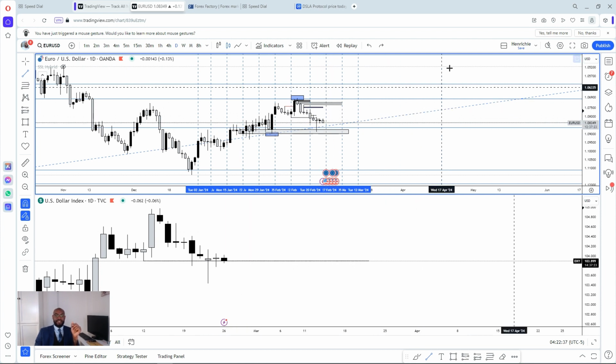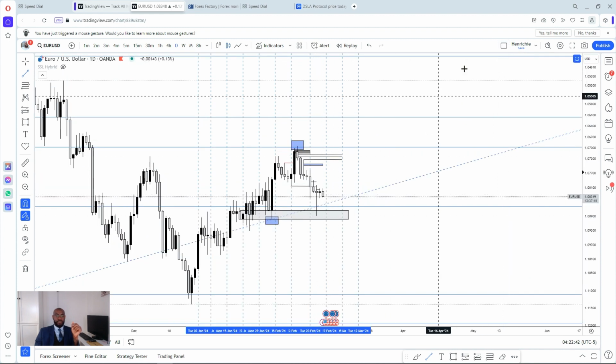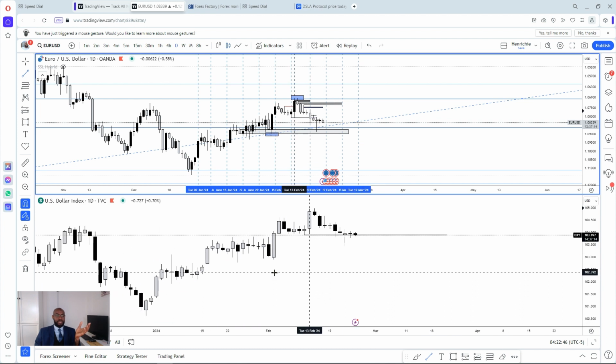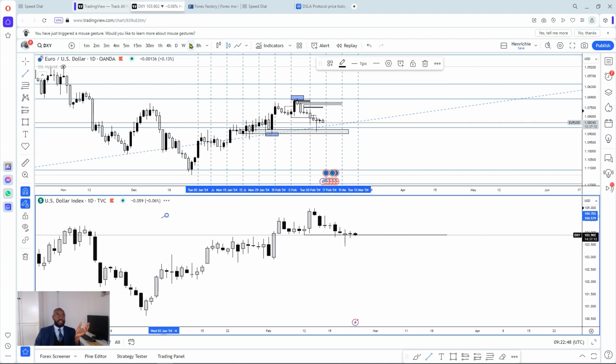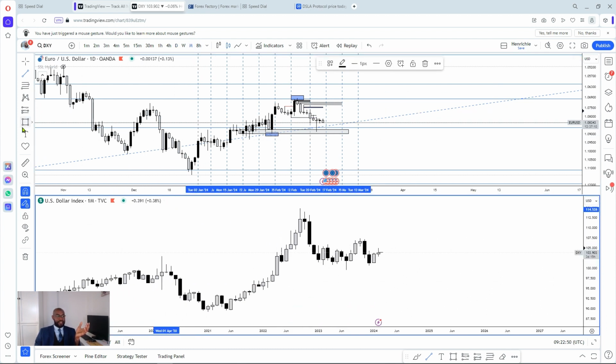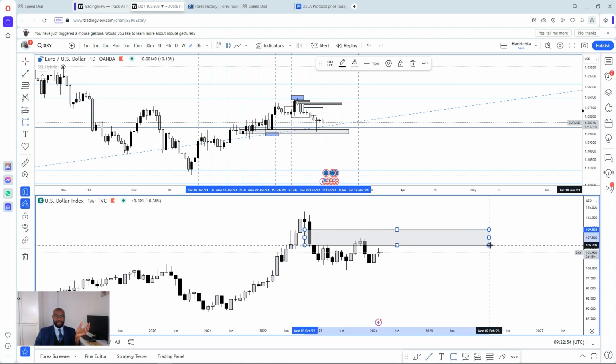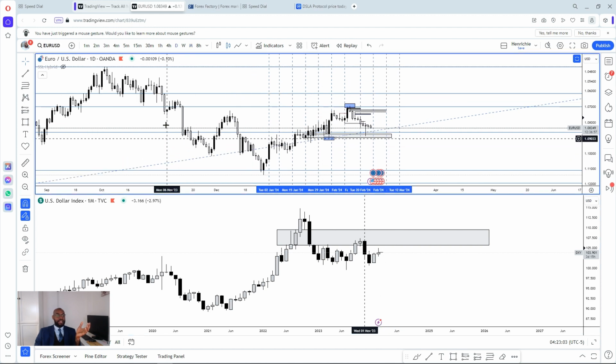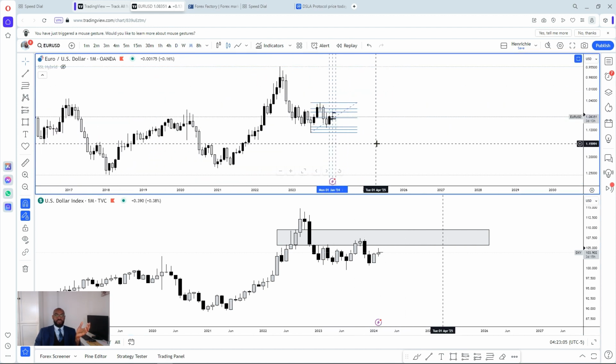Now, euro going to the downside doesn't mean that euro is going to take the overall low, because I've seen this happen before. I'm going to share with you an example as well. Now, if you look at this monthly time frame right here, you can see this inefficiency here on the dollar. You can see how price tapped into this inefficiency on the dollar. Now, I'm going to show you still the same price action on euro.